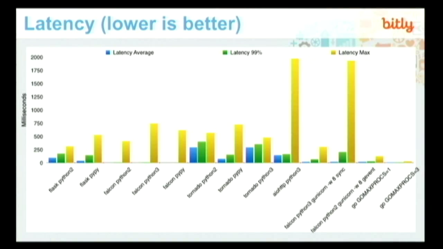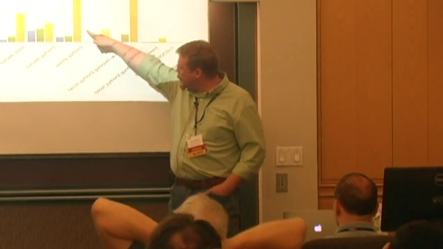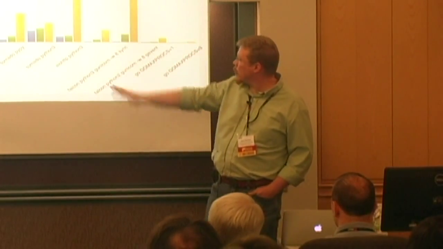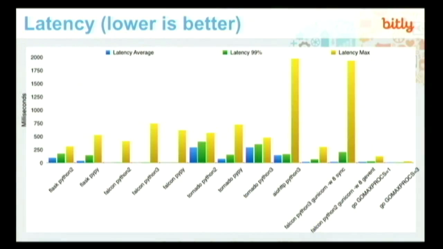You get, unsurprisingly, fairly low max latencies with the Go. You get really high max latency with the asynchronous gevent version of Falcon and with the aiohttp running under Python 3. Everything else is more or less comparable, and the max latencies of Tornado are fairly close, like Flask.